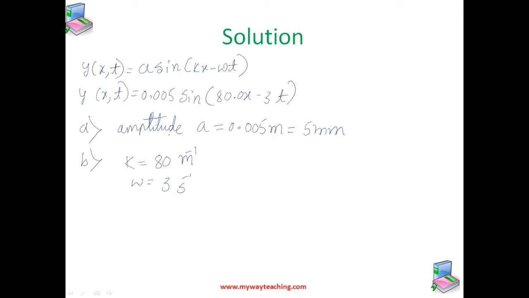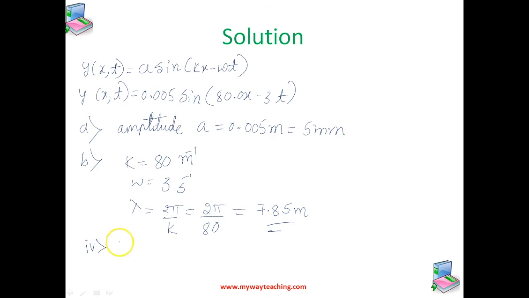And then we should calculate the wavelength, isn't it? So for that we have a formula that is 2 pi by k. So we know the value of k. If you substitute the value of k, we get the wavelength as 7.85 meter. Okay.